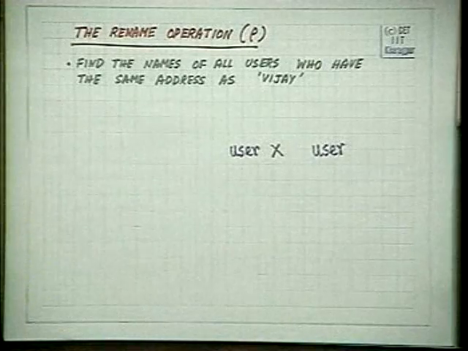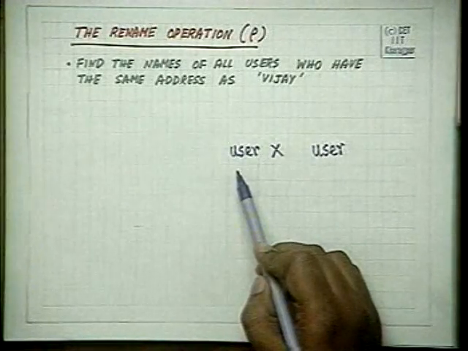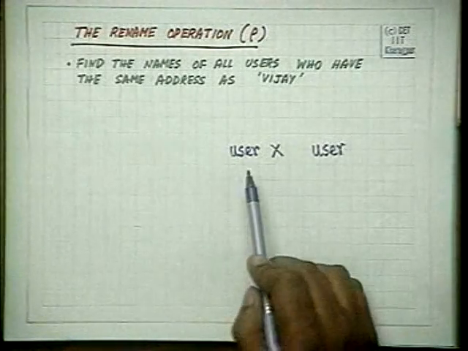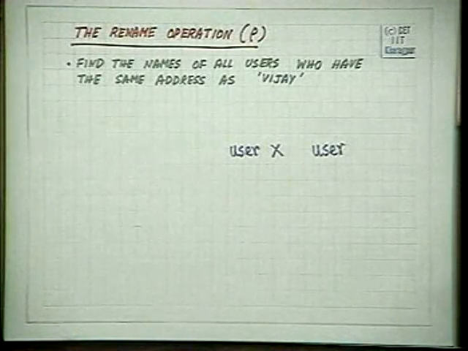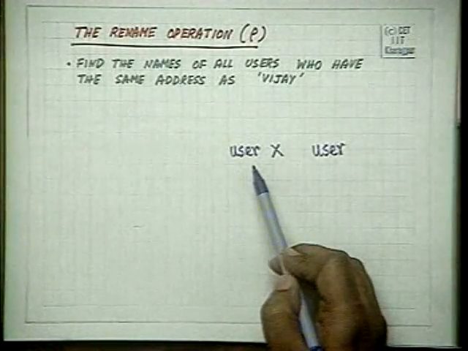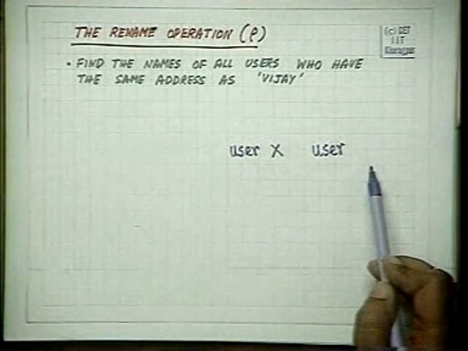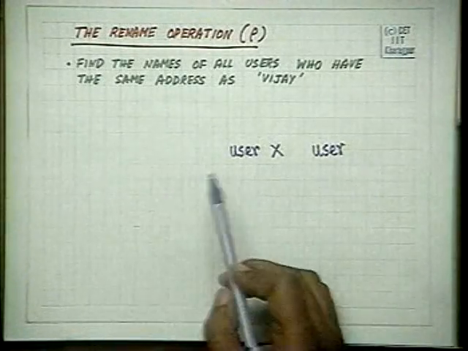Now, if user has got 3 attributes, then a Cartesian product will contain 6 attributes. But we will not be able to uniquely differentiate between these 6 attributes, because both will have user dot borrower's name, user dot address, user dot address. What do we want to do?